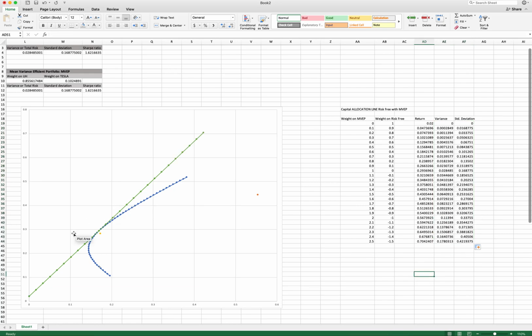There we go. Okay, and then you have your capital allocation line, which is tangent. Where is it tangent? Well, at the tangent portfolio or the MVEP by construction.